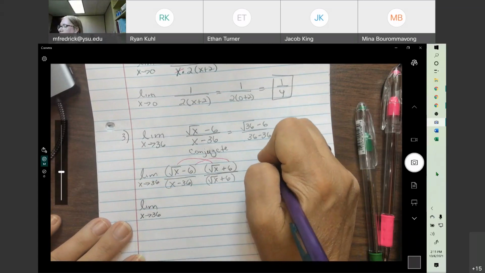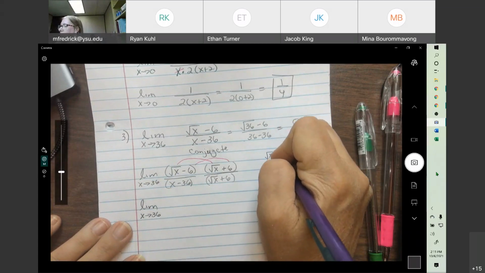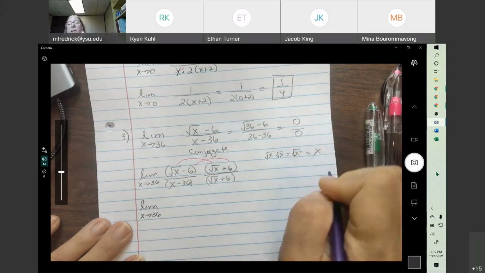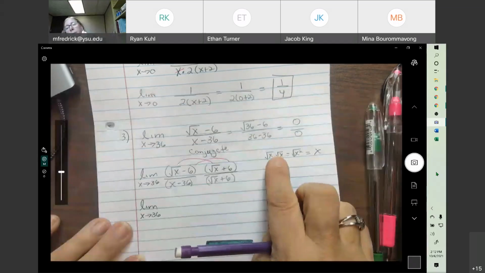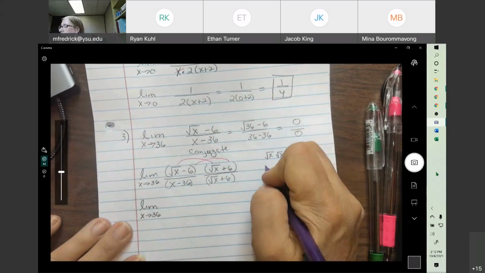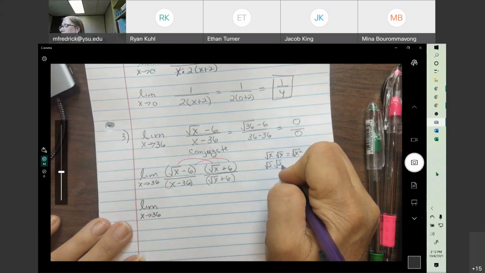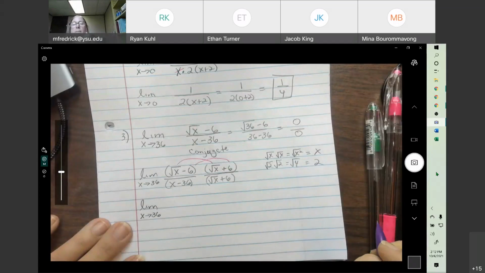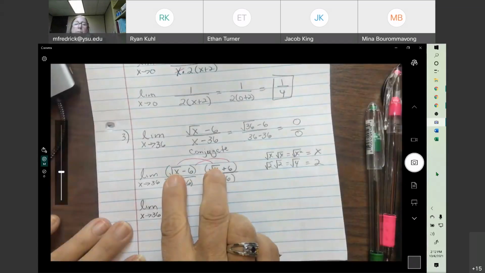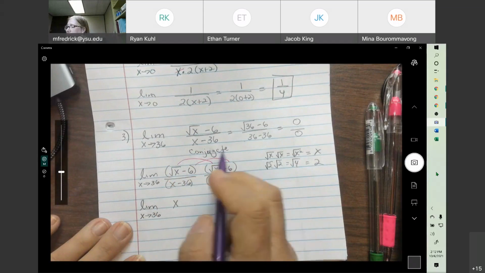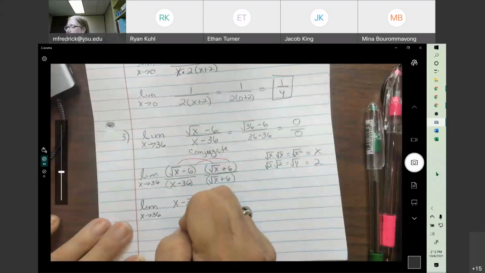When you multiply a square root times itself, that would be the square root of x squared, which is just x. So multiplying a square root times itself just gives you what's inside. Square root of 2 times the square root of 2 is the square root of 4, which is just 2. So when we multiply these two first terms together, we get x. And then negative 6 times 6 is a negative 36.